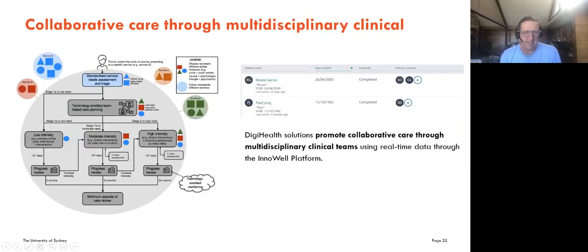One of the other key things that's essential to digital health is promoting collaborative care. In this particular diagram, different services are shown in different colors with different sets of clinicians within those services. Once you have standardized assessment, triage processes, and technology-enhanced care planning within a particular service, you can actually work with more services.